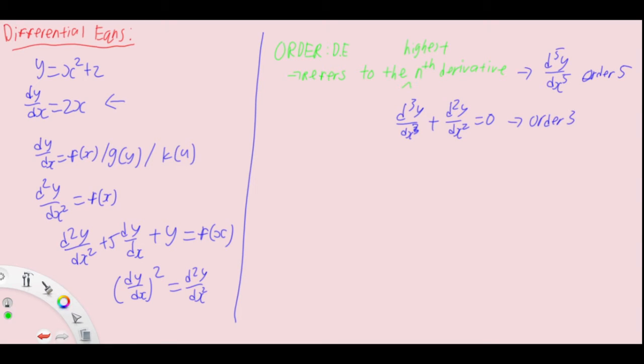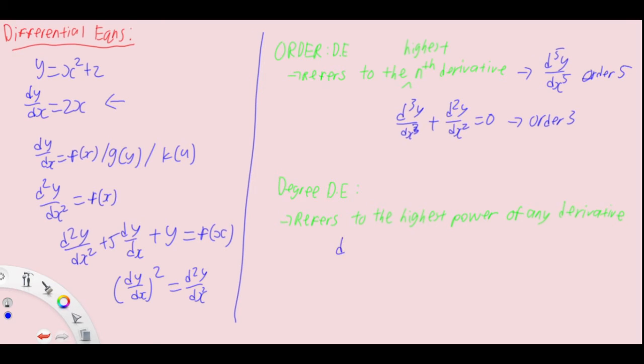Okay, now then we talk about degree, right? Don't worry, you're not tested on this. It's just information for you. The degree of differential equations refers to the highest power of any derivative. So it includes the zeroth derivative as well. So let's say you have this equation.